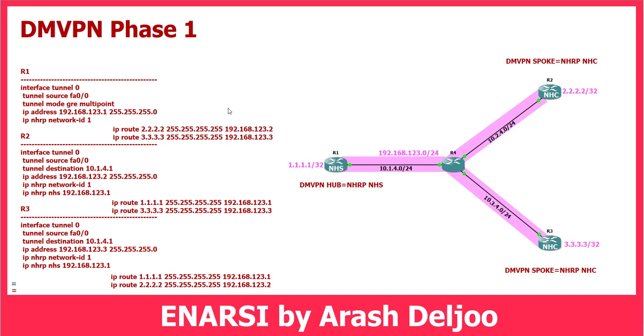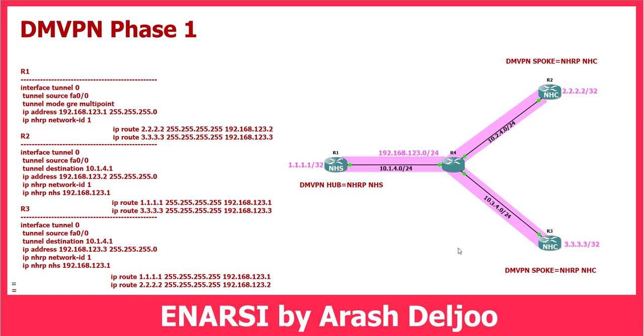Let me emphasize that the DMVPN hub is the NHRP NHS, meaning next hop resolution protocol, next hop server. And router 2 is a DMVPN spoke, or NHRP NHC, next hop resolution protocol next hop client. And after that, router 3 is the next NHC.